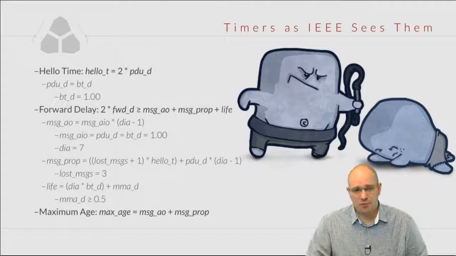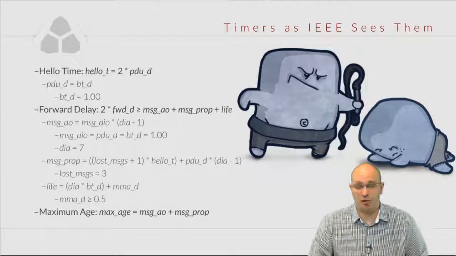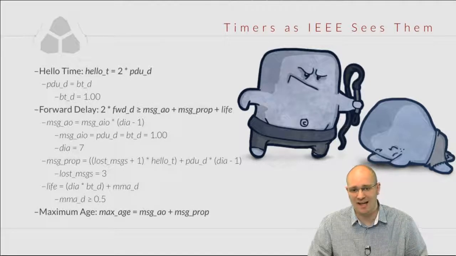Now, the message prop, or the MSG_prop, is something that is called the maximum bridge protocol message propagation time. This is calculated as lost messages plus 1 times the hello timer plus PDU-D times diameter minus 1. The lost messages parameter is hard-coded by IEEE at value 3.